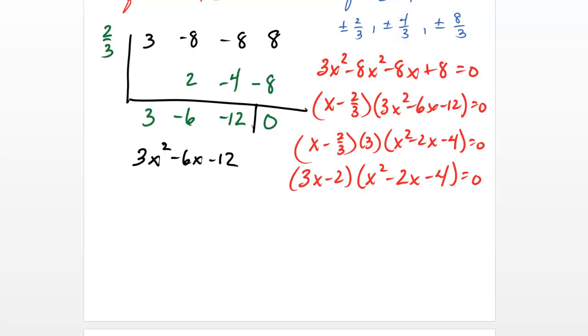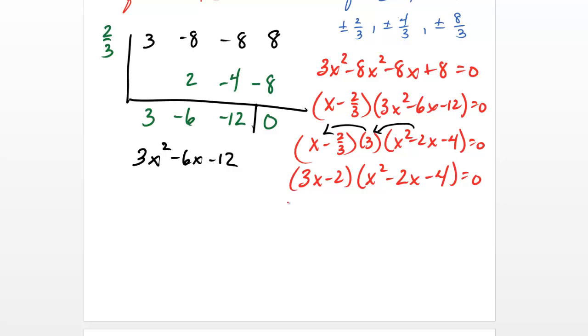So basically what we did here is pull out the 3, and then distribute it to that part over there. It's kind of an unnecessary step, but it gives us a better view of this x squared minus 2x minus 4. Now you should notice that that is unfactorable, and so we would have a linear part and a quadratic part that we need to solve.